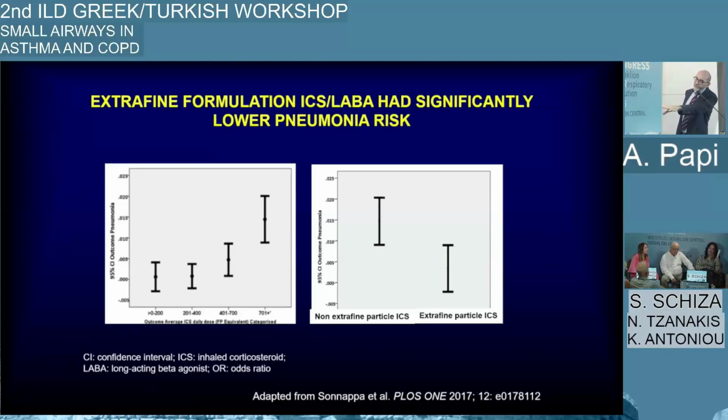Pneumonia is a common side effect in COPD, particularly with inhaled corticosteroids. On the left-hand side we can see that the higher the dose of inhaled corticosteroid, the greater the risk of pneumonia. This doesn't happen when we use a formulation that can reach the peripheral airways, given that we are staying on the low part of the curve with low doses, reducing the risk of these side effects.